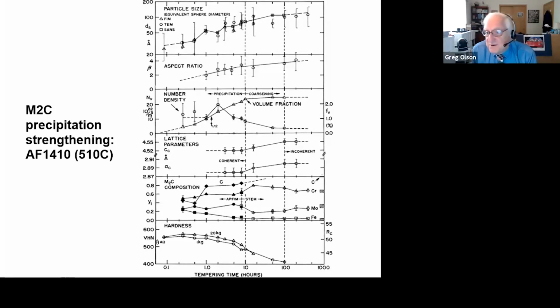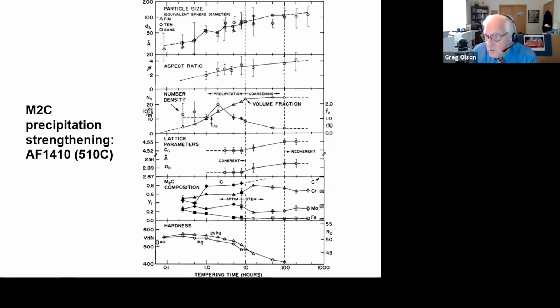So our first example, starting out in the 1980s to design ultra high strength steels, we first took apart the highest performance steel of the time, which was the AF1410 steel, which is tempered at 510C to precipitate alloy M2C carbides. So these are HCP carbides, where the M is a combination of chromium, molybdenum, and vanadium, and sometimes tungsten.